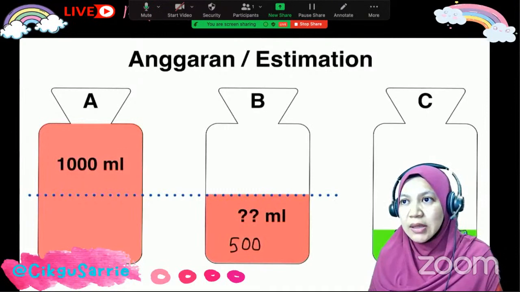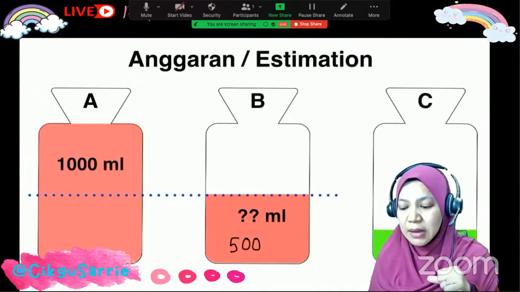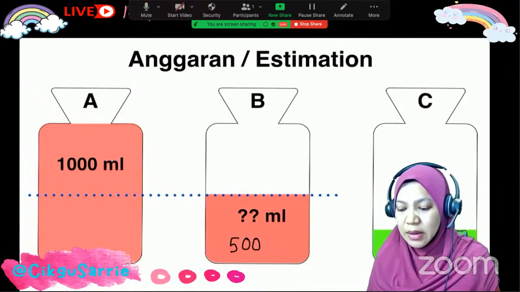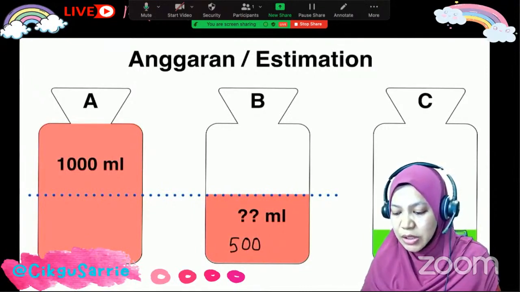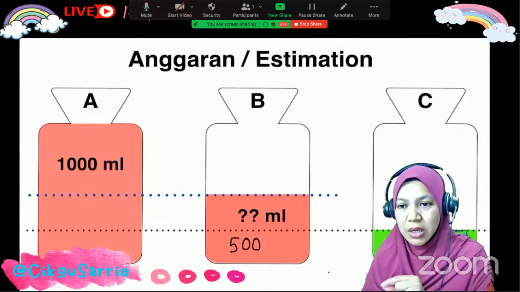Okay, now look at water tank C at the back, the green one. So we continue. First we draw the dotted line.